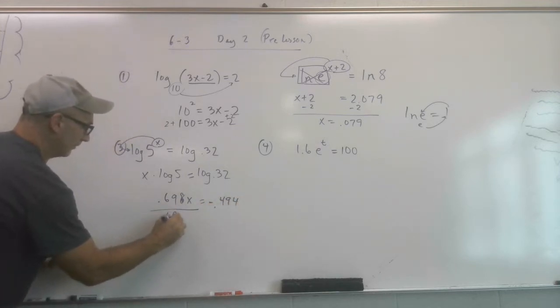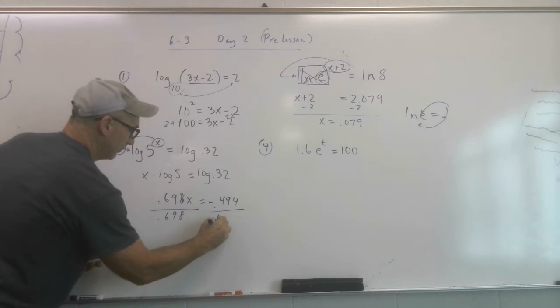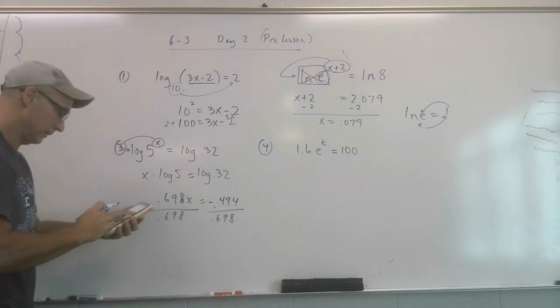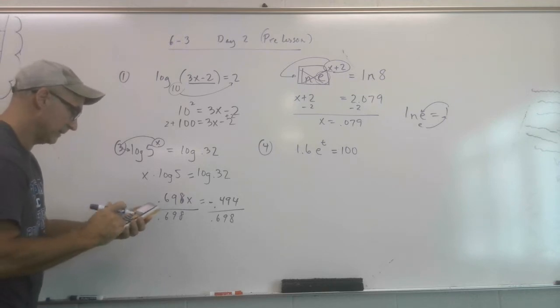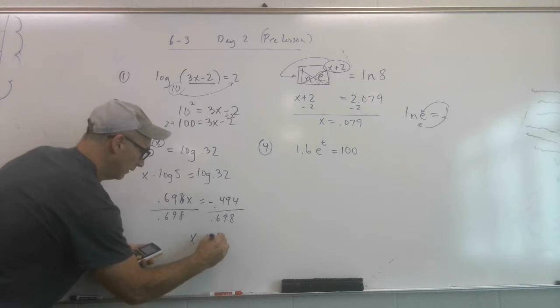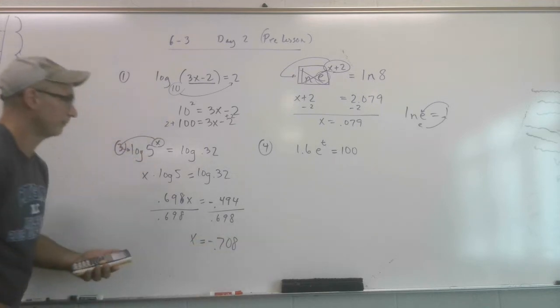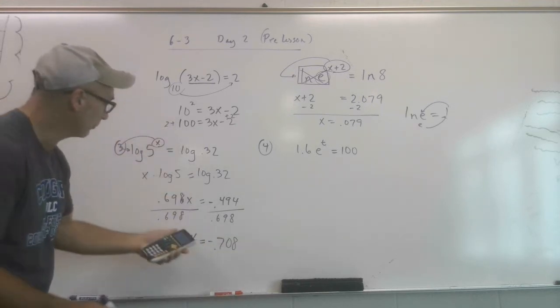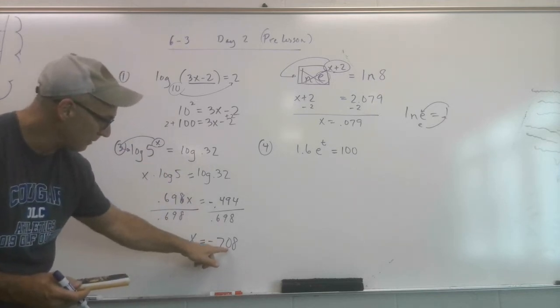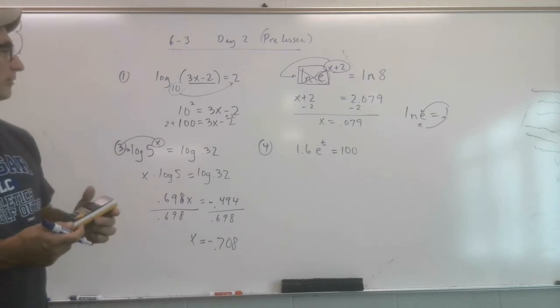Divide by 0.698, divide by 0.698. Negative, so x is negative 0.708. Now the book doesn't really tell me where to round it. You could go to the tenths or the hundredths maybe, but I went to the thousandths.